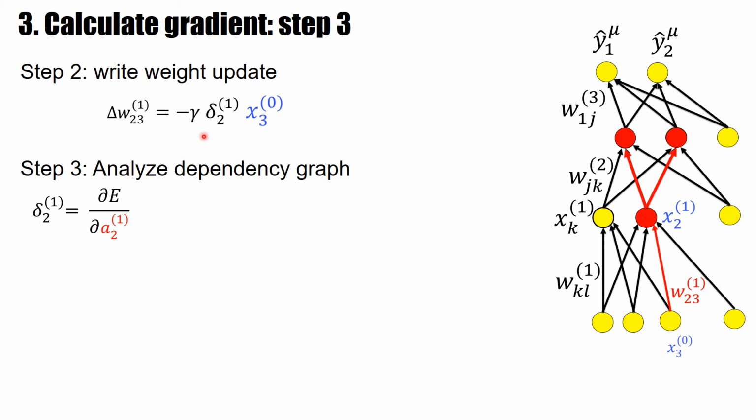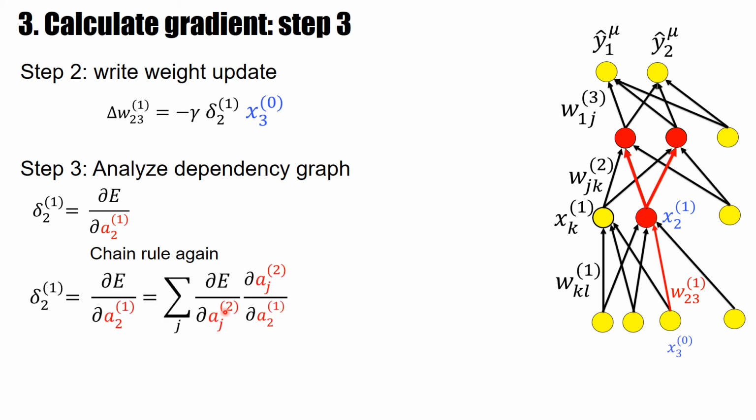So we have set here the delta that goes into this product can be calculated like this. Now this is sort of a little bit of a cheat because we still don't know how to calculate this. And so we have to apply the chain rule again. And so we can say the change of the weight here depends on the change in the activation variable here.